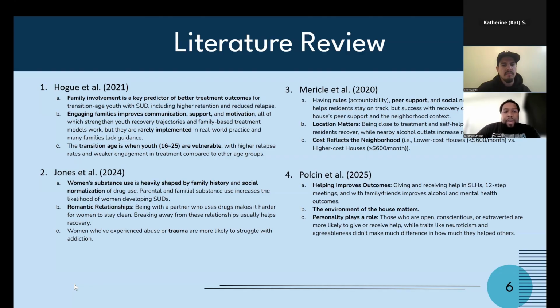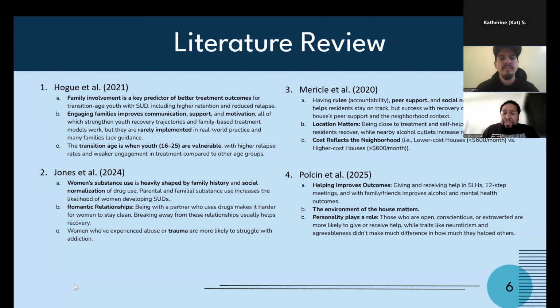So going back to what Kat was referring to, one of the reasons people with substance use disorders tend not to be able to go to sober living environments is because of the cost.